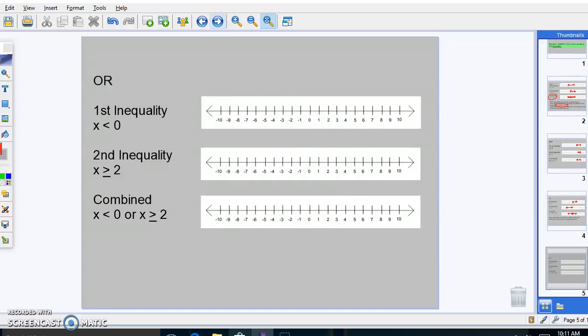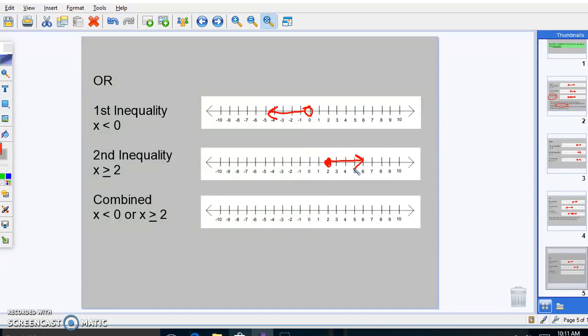In this next example, the first inequality is x is less than 0. So we have an open circle at 0, and the arrow shows numbers that are less than. Our second inequality is x is greater than or equal to 2. So we have a closed circle at positive 2, and my arrow shows numbers that are bigger than or equal to 2.